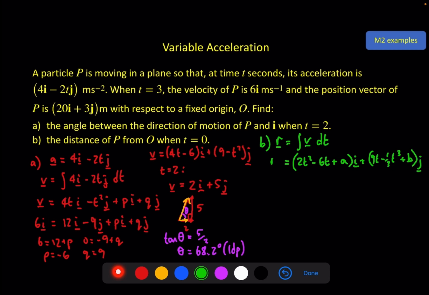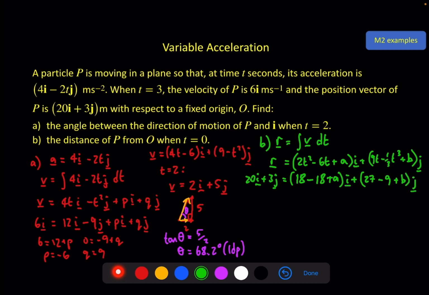And that is the general solution for the position vector, but we have a boundary condition in the question for this as well. When t equals 3, the position vector is 20i plus 3j. So if we put that in, 20i plus 3j is equal to, for the i component, 18 minus 18 plus a, that's nice. And for the j component, 27 minus 9 plus b.